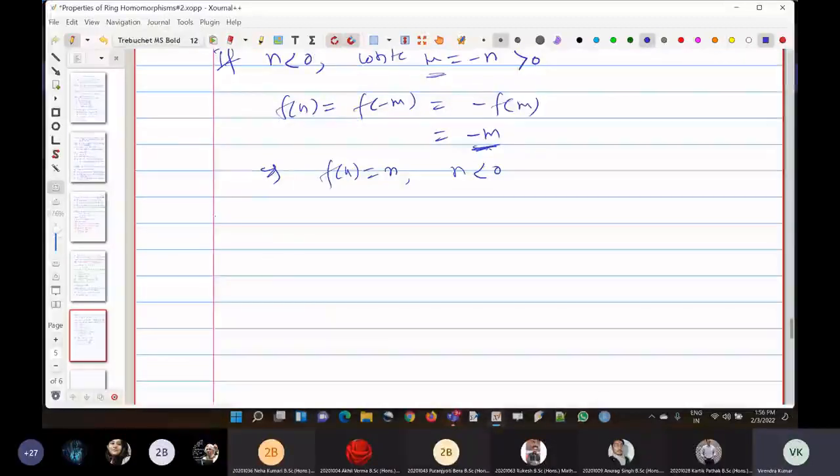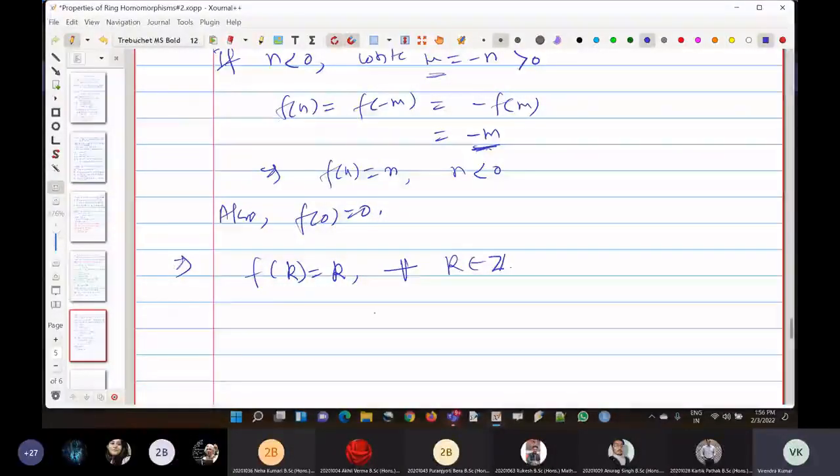And also, you know that f of 0 equals 0. So this implies that if you take any k, then f of k equals k for all k belonging to the set of integers, whether it is positive, negative, or 0.